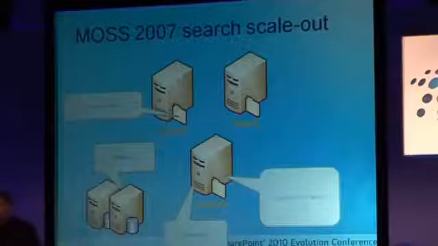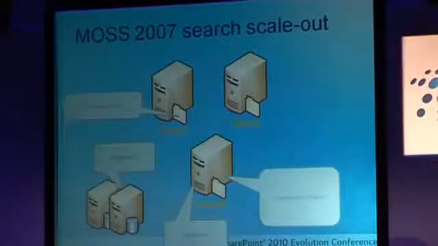The crawl DB, or the search DB, had a single table in there that was responsible for orchestrating all of the crawls, the crawl queue. So you could potentially have 50 content sources all being crawled at the same time. Each one of the start addresses would be added to the crawl table. As the start address was traversed and the new URLs added to that crawl table, they were added one by one in a simple hierarchy of first in, first out, basically.